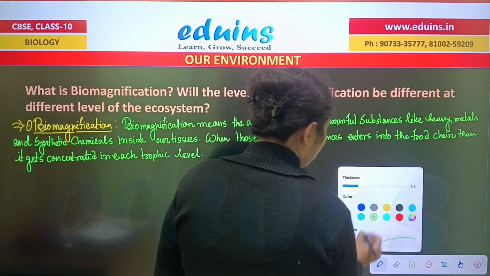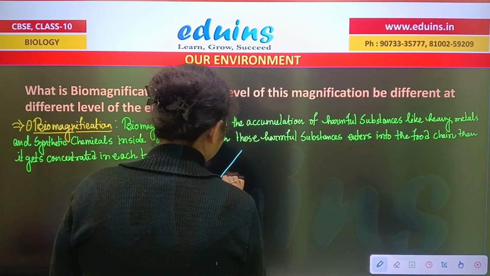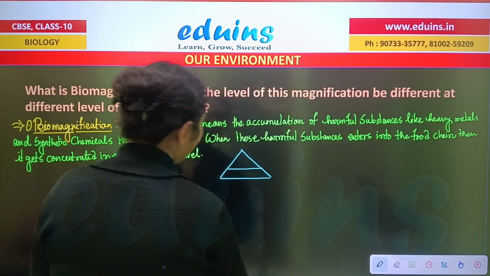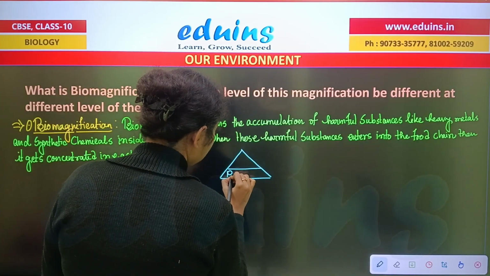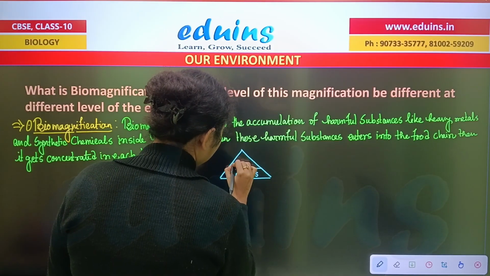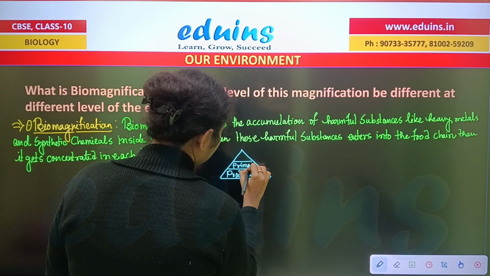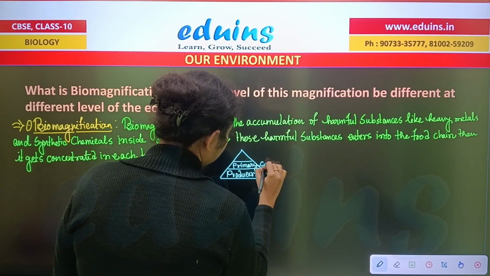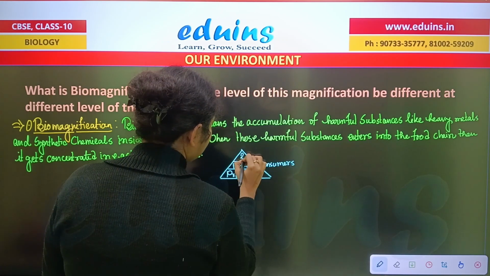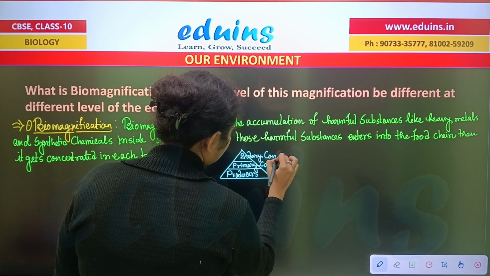Suppose we draw a food chain. At the bottom of the food chain there are always the producers, then primary consumers, and then secondary consumers.